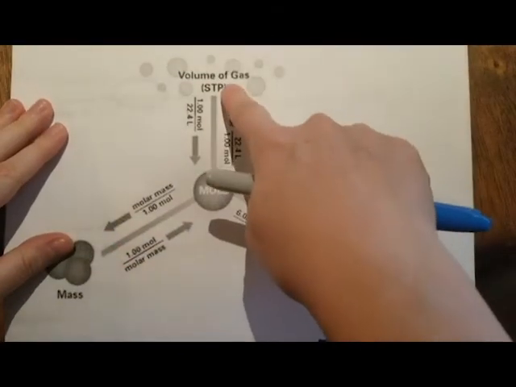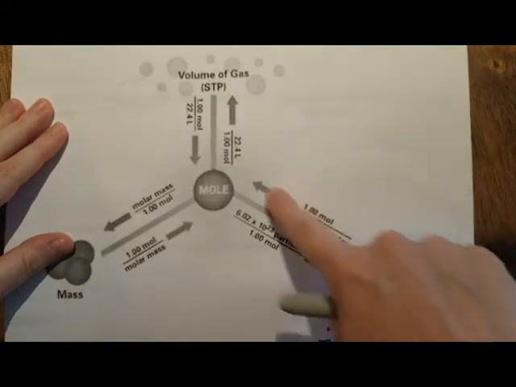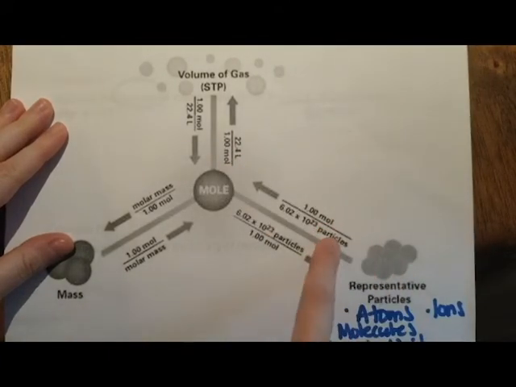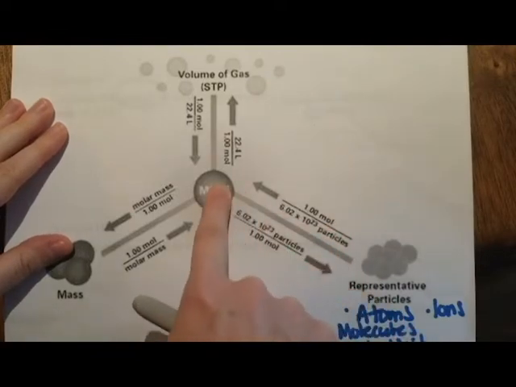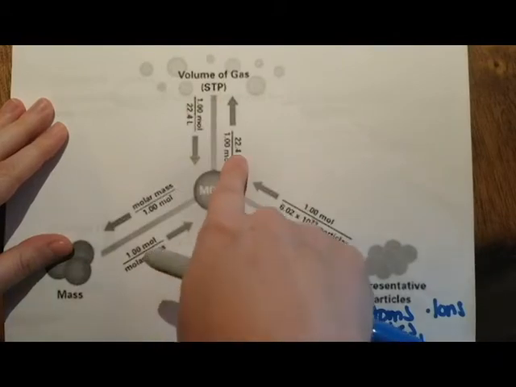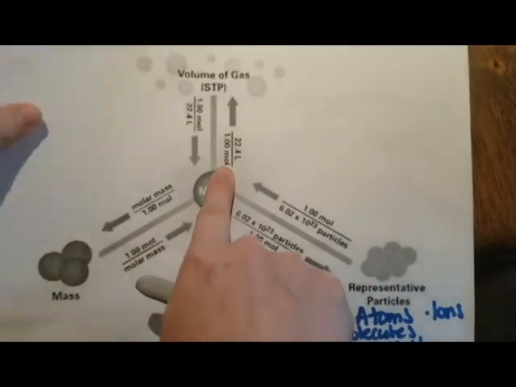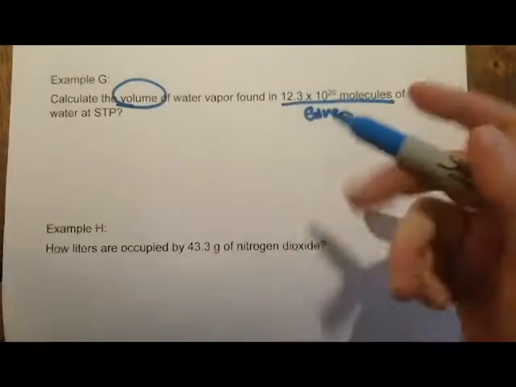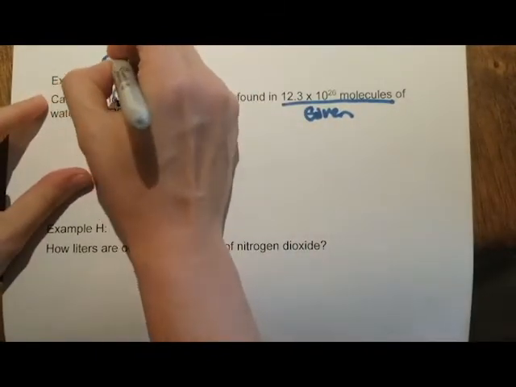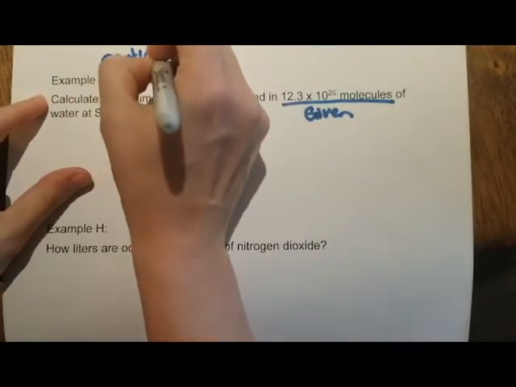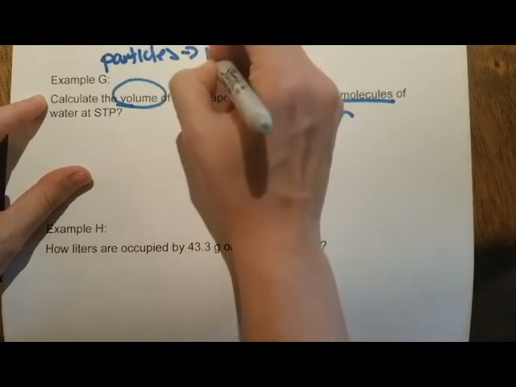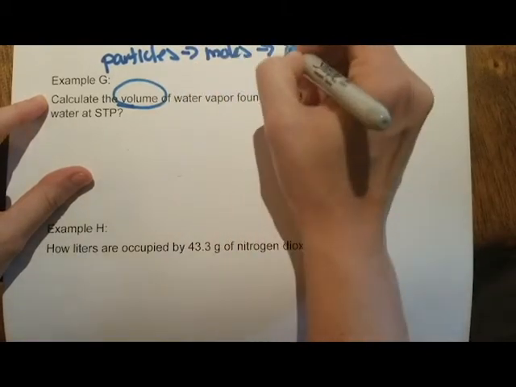There's no direct route to volume, so we're going to have to move in this direction. Our first conversion factor will be 1 mole over Avogadro's number. And then we can move up into volume, 22.4 liters over 1 mole. So our general path is going to be particles to moles to volume.